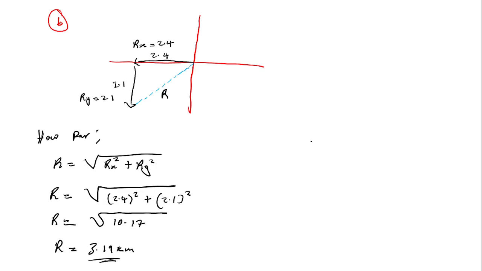Then the other one is direction. Okay, so if you look at the direction, you can simply use the formula which we have been using. So this formula is simply tan theta is equal to the y component over the x component, of which you can put the modulus.